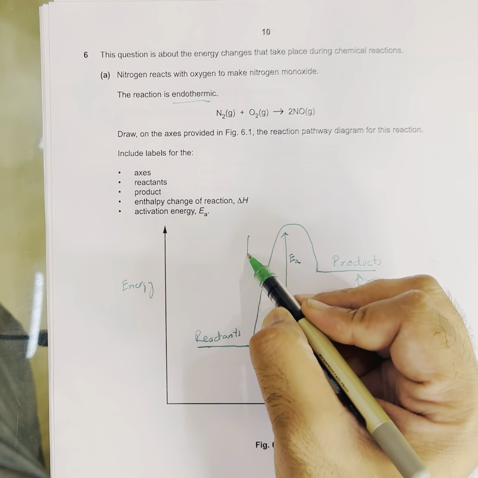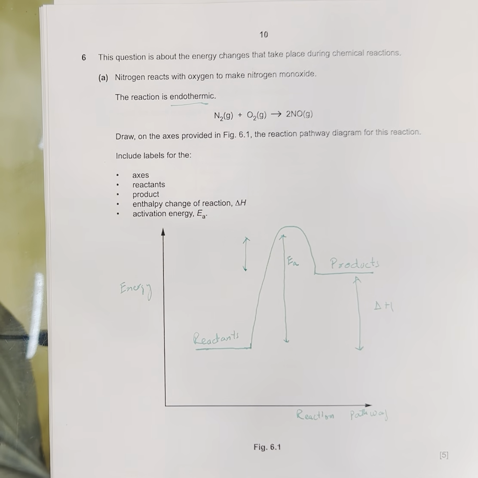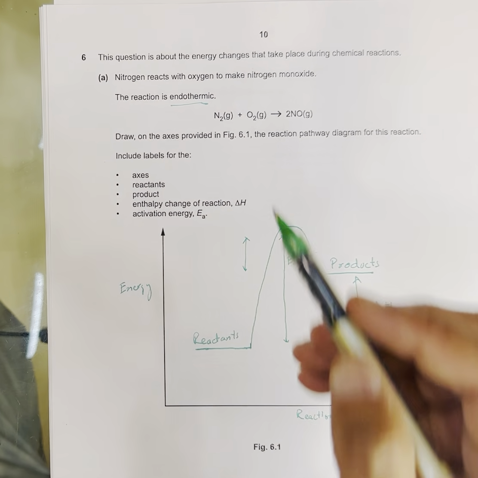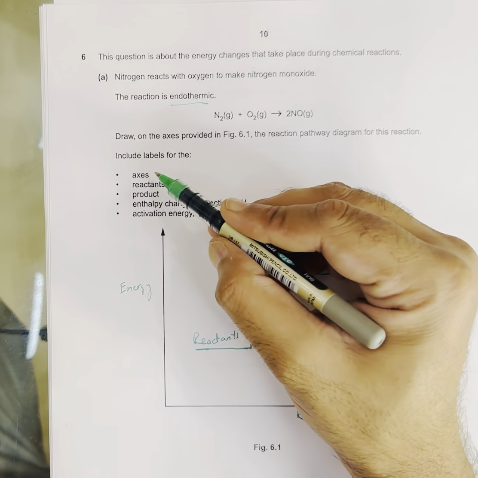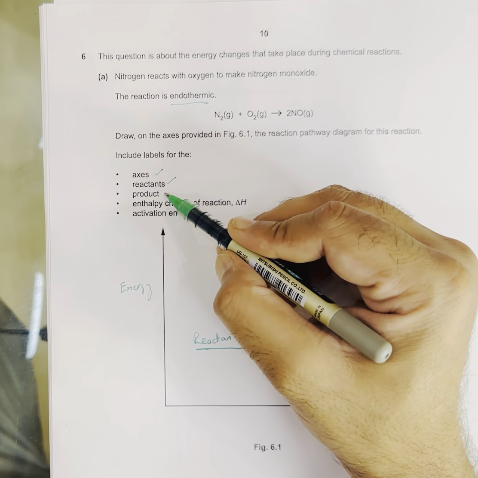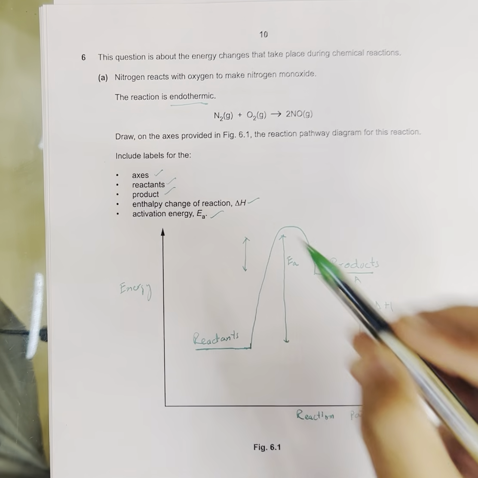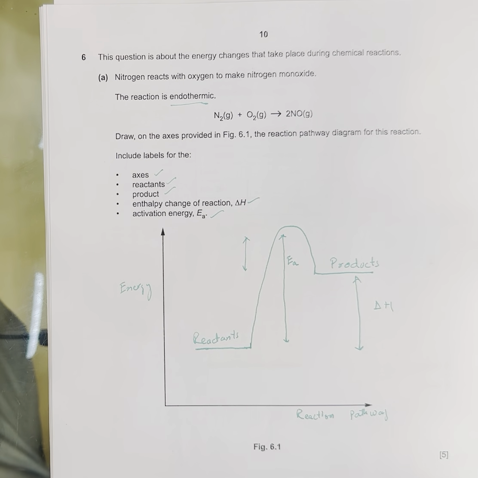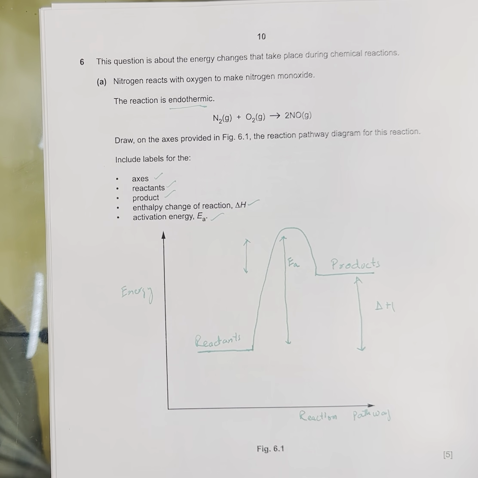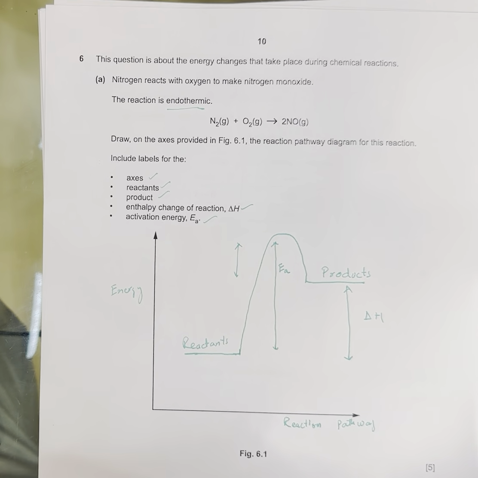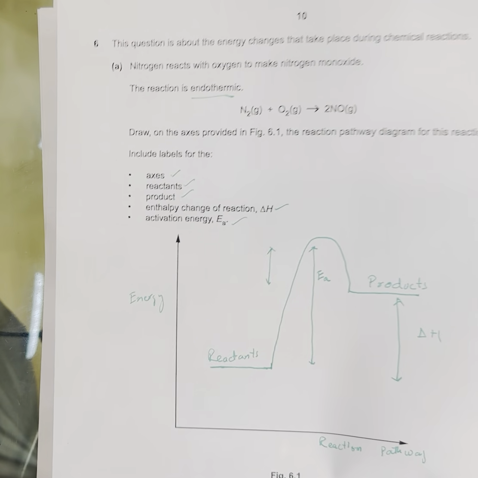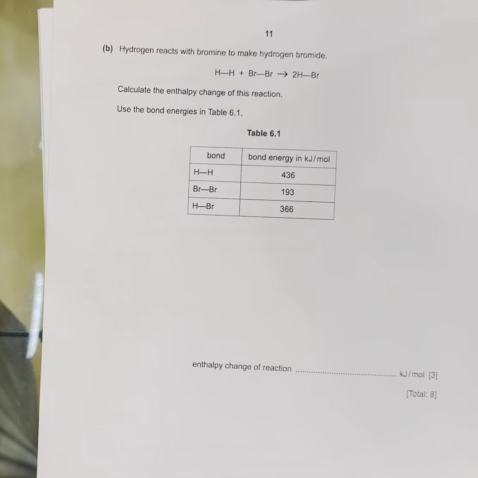Or even you can write like that. This would also be activation energy. Now you need to check all the labels and axes. We have shown reactants, products, enthalpy change and activation energy.